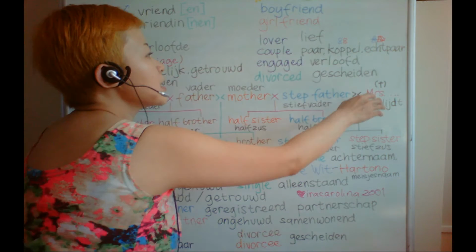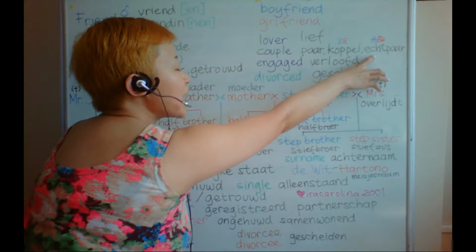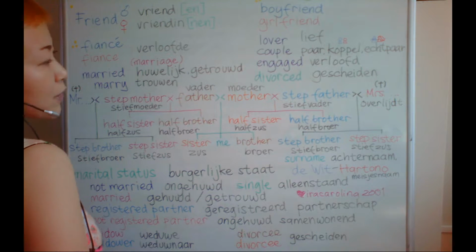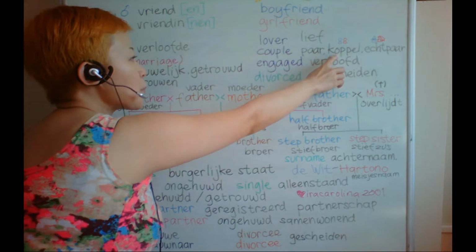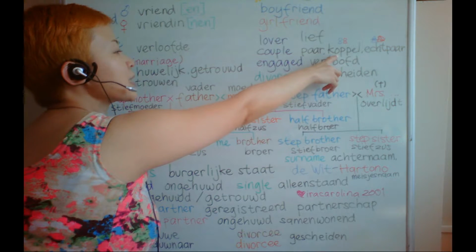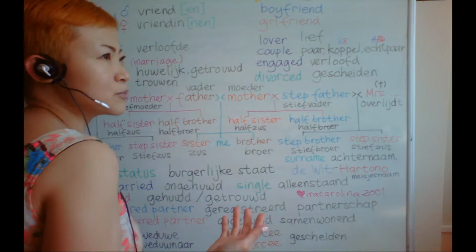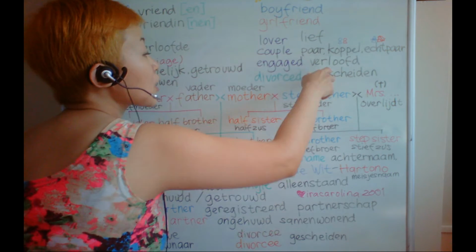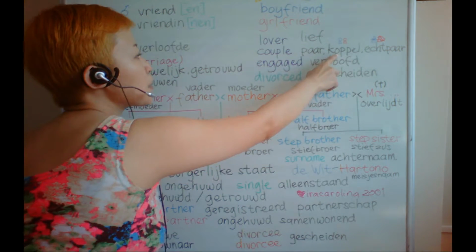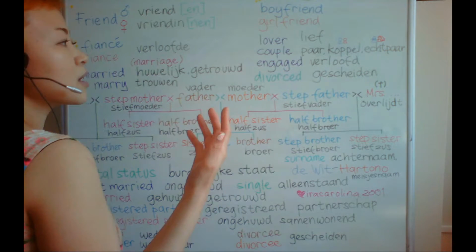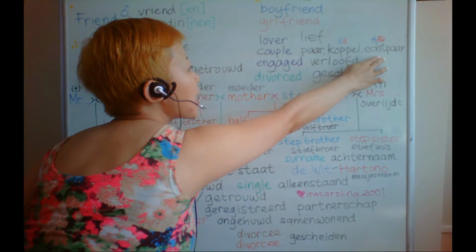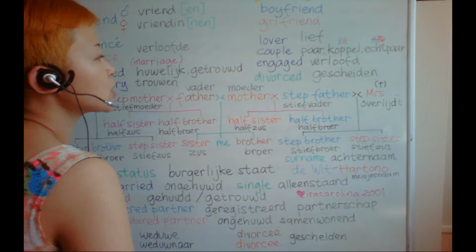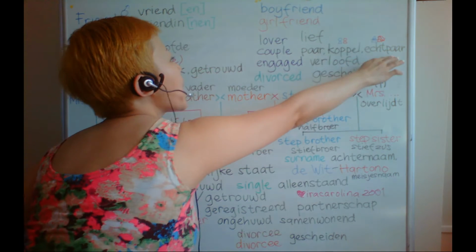And if you say echtpaar, it's only for a couple that is married. A couple can be married, or can be just boyfriend, girlfriend, lover. Married can also be a couple. But if you say echtpaar, it's exclusively for a married couple. Echtpaar.